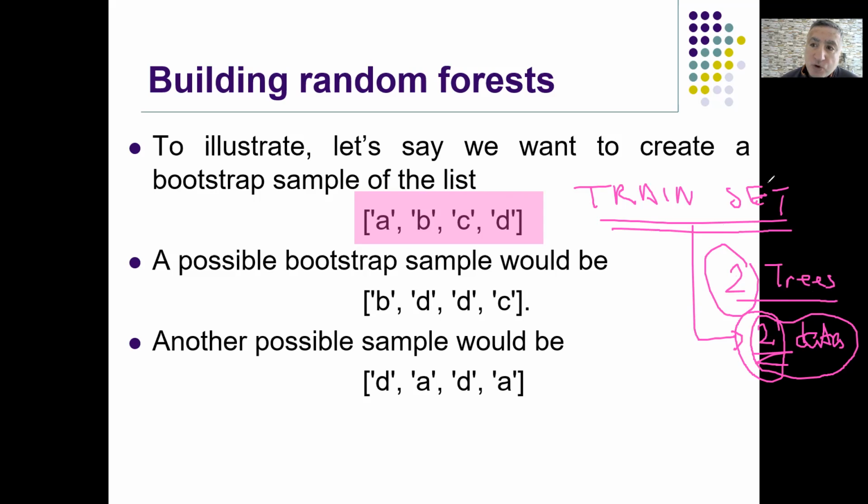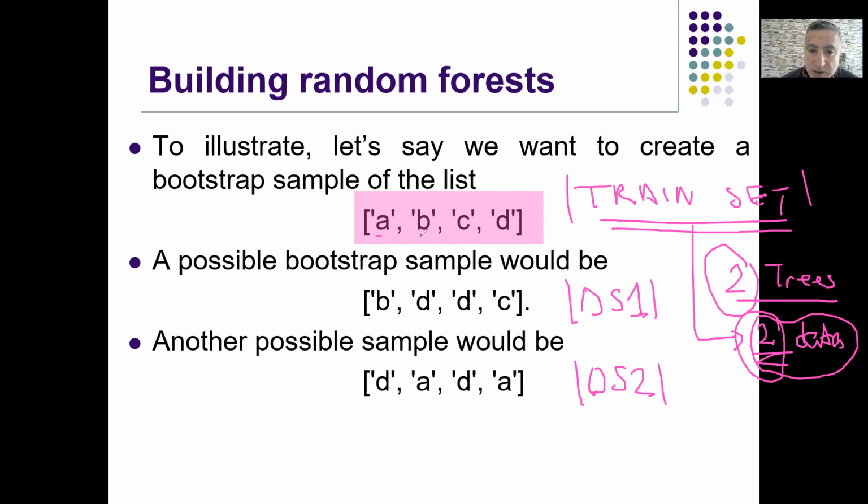And when we use the bootstrapping, this will be the data set 1, and this is gonna be the data set 2. The number of the data samples in data set 1 and data set 2 will be equal to the number of the samples in the train set.